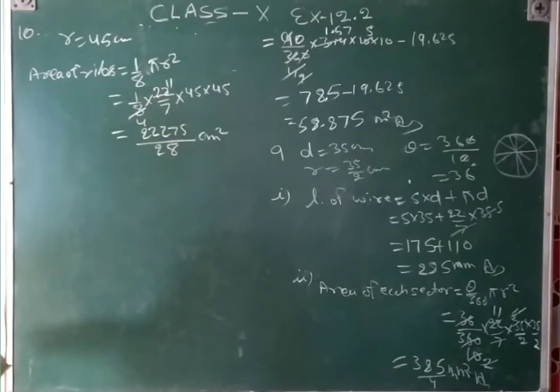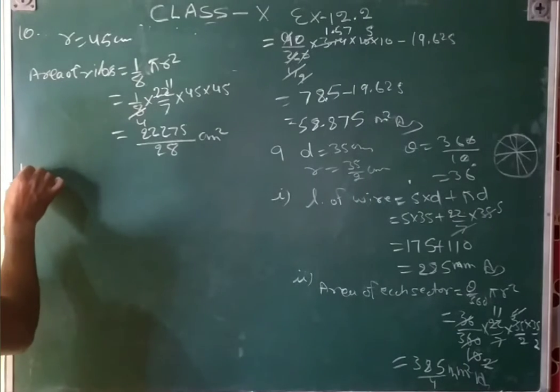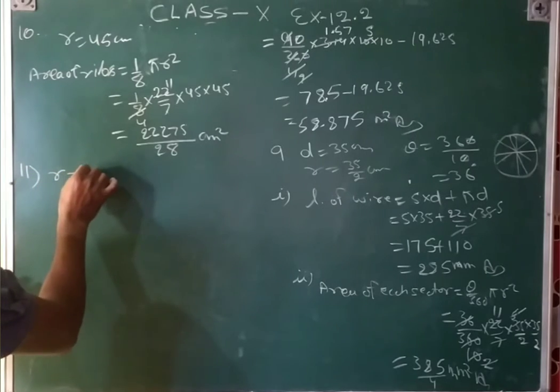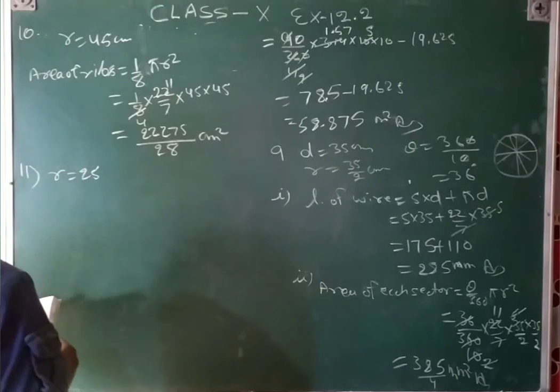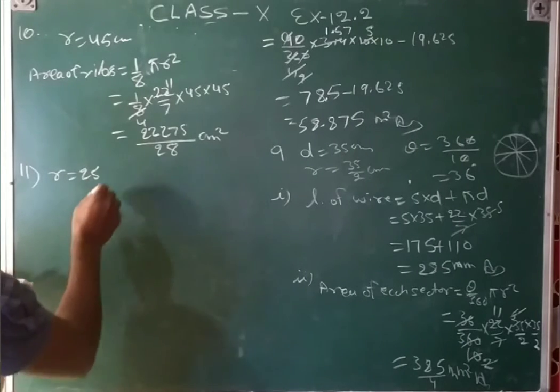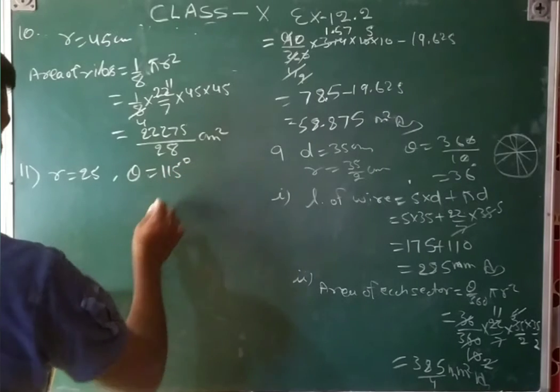Next, a car has 2 wipers which do not overlap. Each wiper has a blade of length 25 centimeter, so r is equal to 25 centimeter, and the angle is 115, so theta is equal to 115 degree.